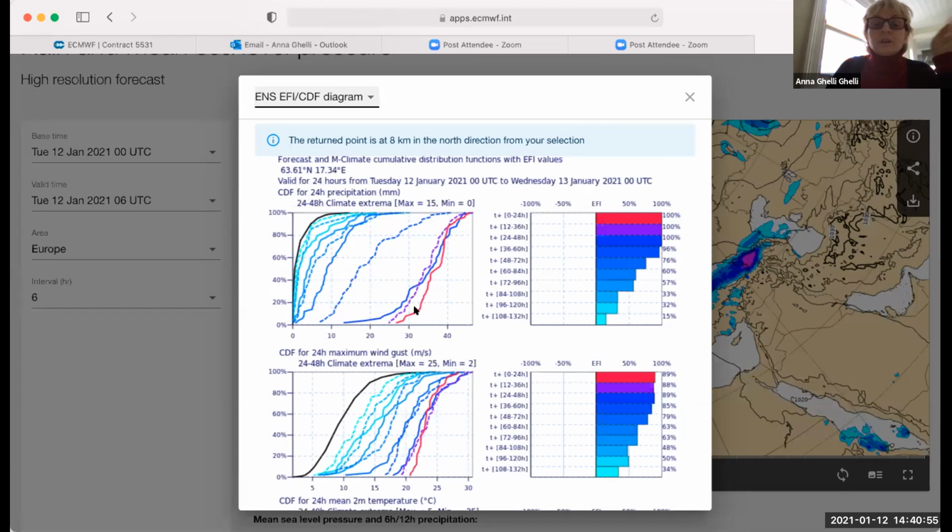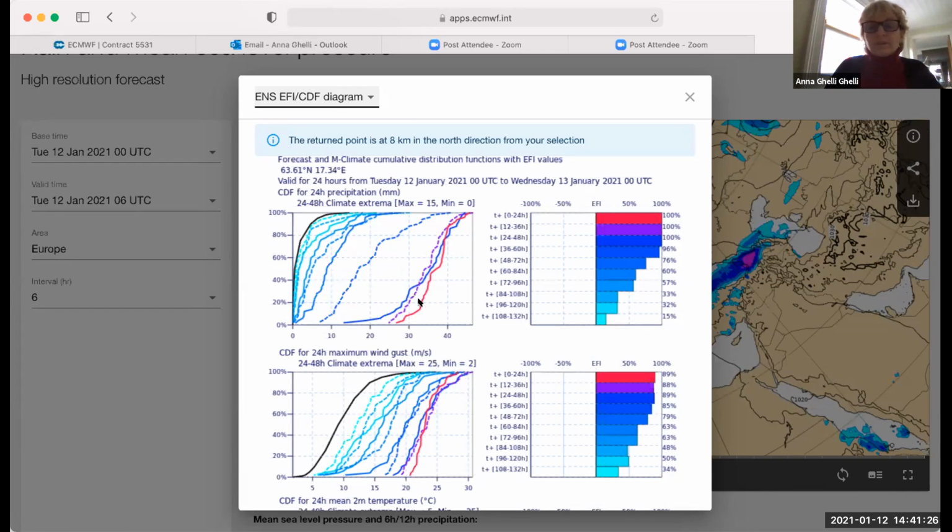So for instance, if I go to 20%, this is the 20% probability of not exceeding, and then I follow the line to the value of 33. That means 20% of your members produce values less than 33. 20% of your members is about 4 in our ensemble.